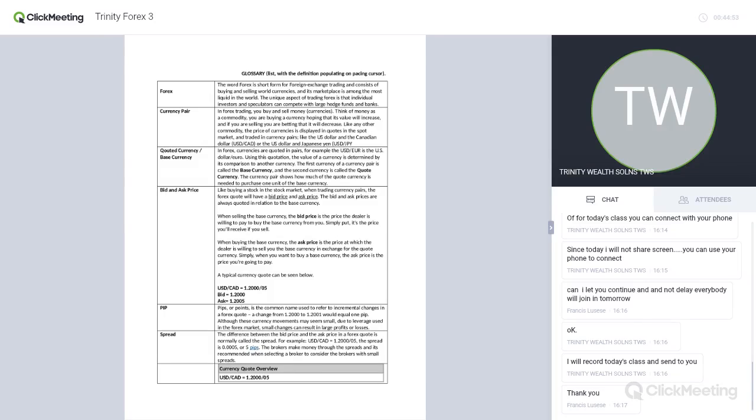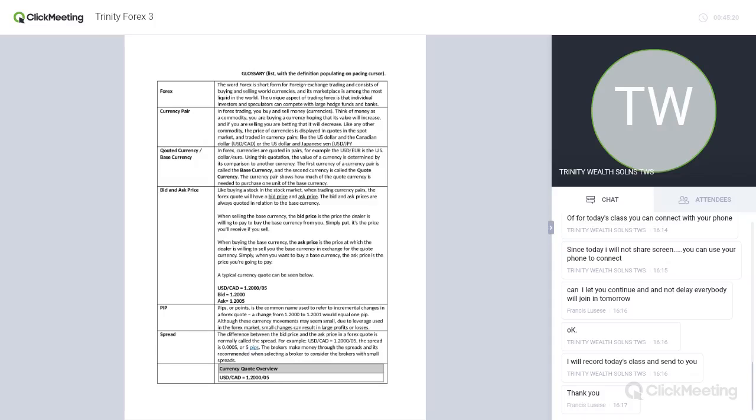Because a pip is the incremental change on the 4th decimal point. So in this case, our 4th decimal point has changed from 0 to 5. So those are 5 pips, and that is the spread. The difference between the ask price and the bid price. Please, in case you get lost, ask me any question. But as we said, it will get clearer as we go deeper into Forex.